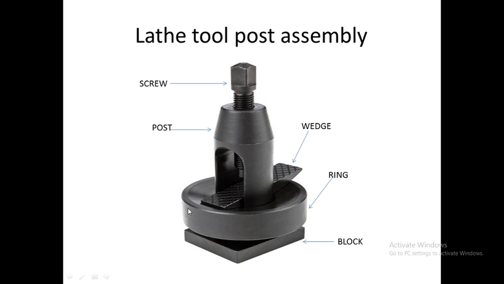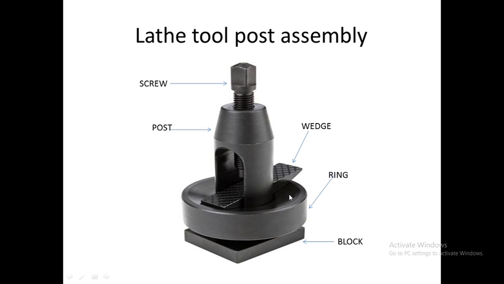For example, after inserting the cutting tool, we will move the screw in clockwise direction or anti-clockwise direction so as to loosen or tighten the cutting tool. If we tighten the screw, then this lower part will get in contact with the upper part of the cutting tool so that we can clamp the cutting tool inside this slot. So in order to hold the cutting tool, we use this screw.